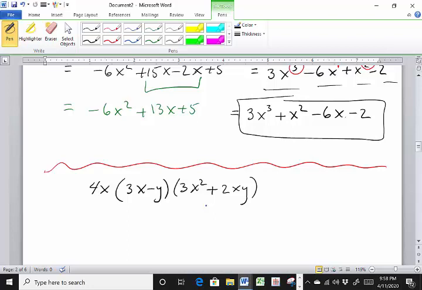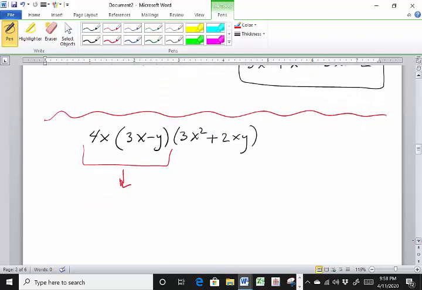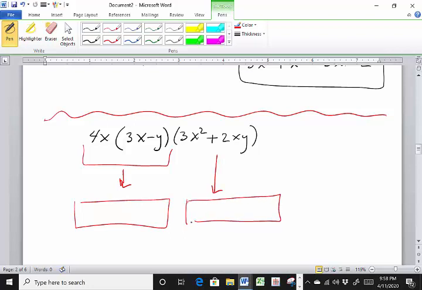Remember, we did a problem like this when we multiplied three monomials together. So I'm just going to multiply these first, get my answer, and then multiply that answer times this one right here. So let's go ahead and do that.